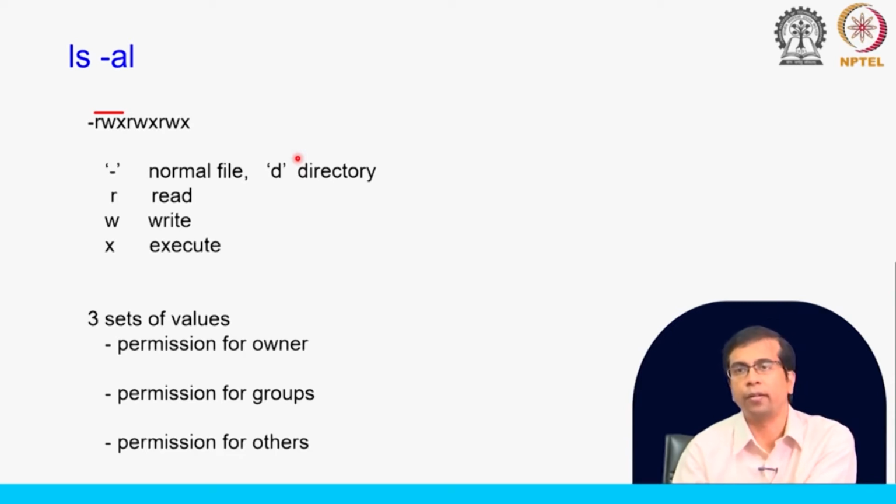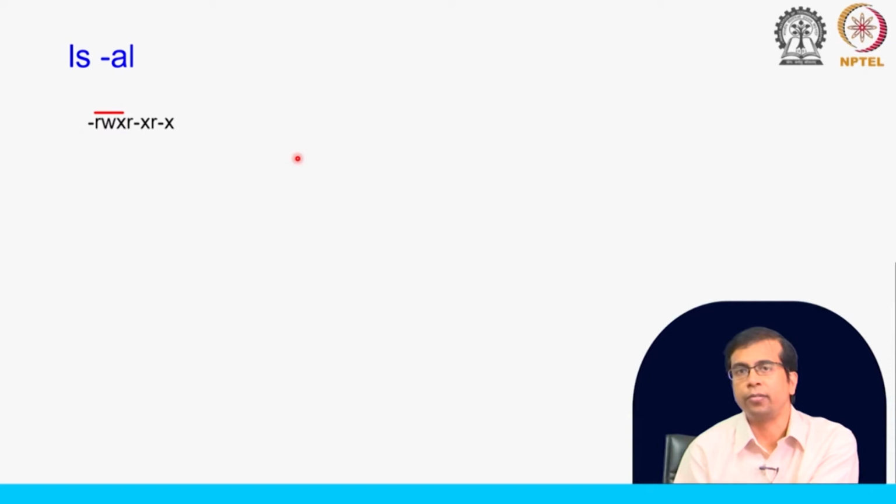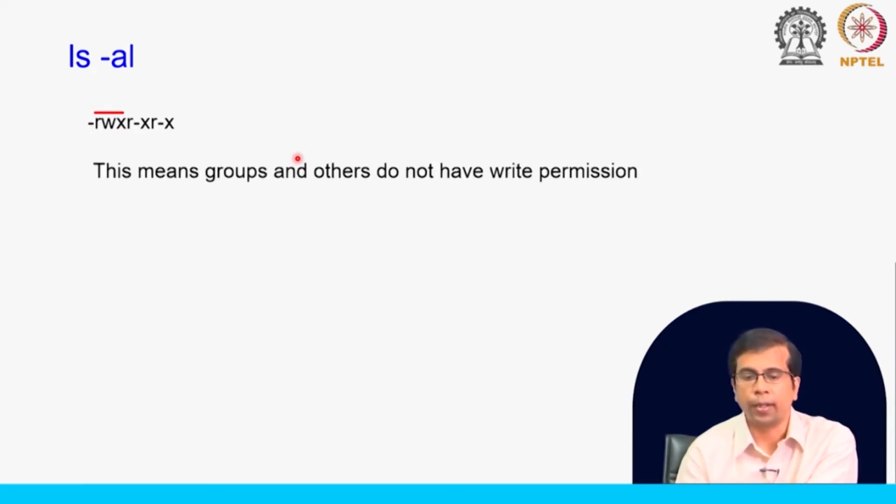As an owner of a file, you can actually do something like this. You can say the users might be able to read and execute, but they will not be able to write. They will not be able to change the content of that file. So, how do you do this?